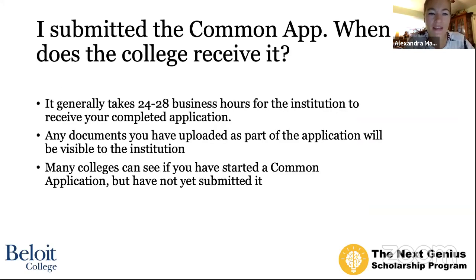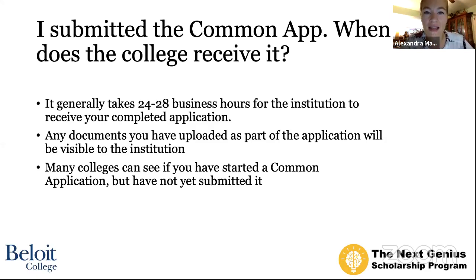So I submitted the CommonApp. When does the college receive it? Generally, it'll take 24 to 48 business hours for the institution to receive the completed application. Since it's going through a third-party portal that works with different institutions, all the information is received by CommonApp itself, and then it's disseminated to the university partners that way.